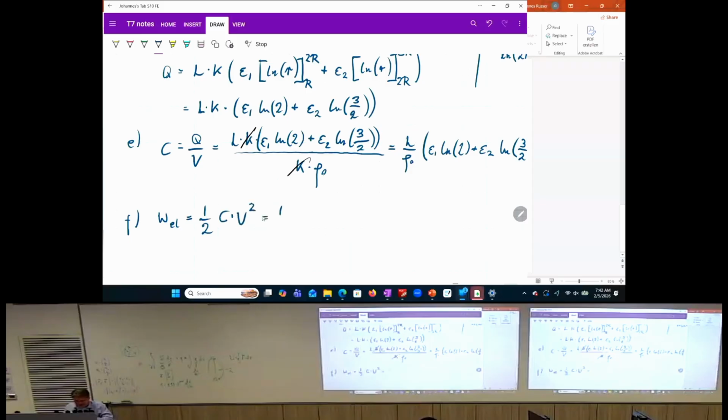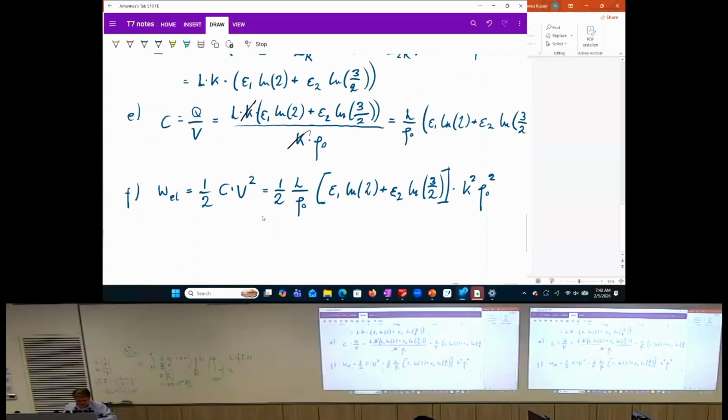That is 1/2 L over phi 0, which is the capacitance, epsilon 1 ln 2 plus epsilon 2 ln of 3 halves, and the whole thing multiplied by the voltage squared, which is K times phi 0.